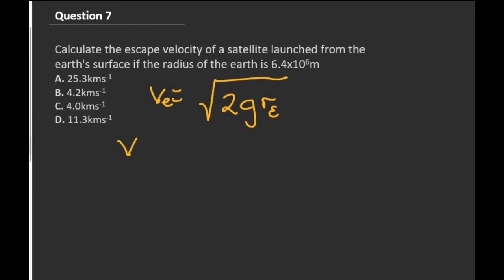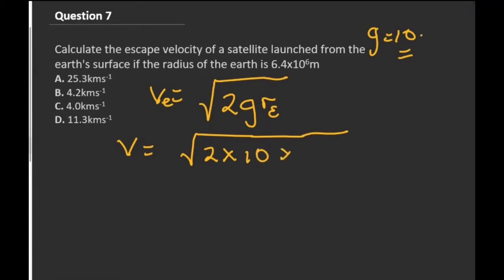Now, escape velocity will give us 2 times acceleration due to gravity, which is always 10 meters per second squared. It's a constant. So the g here will be 10. The radius of the Earth has been given as 6.4 times 10 raised to the power 6 meters. Now I want you to use your calculator to multiply this through.